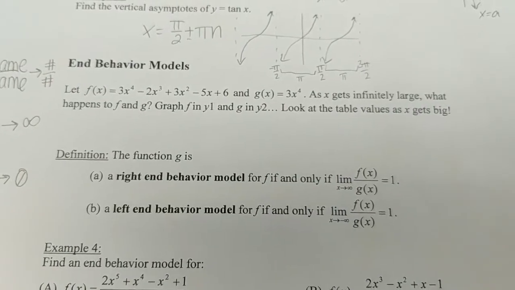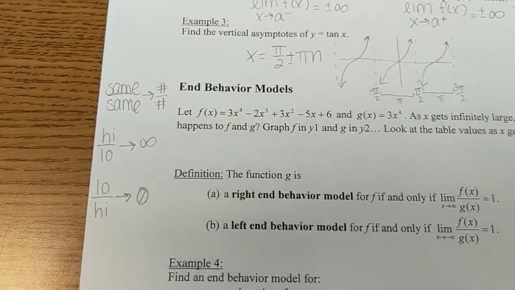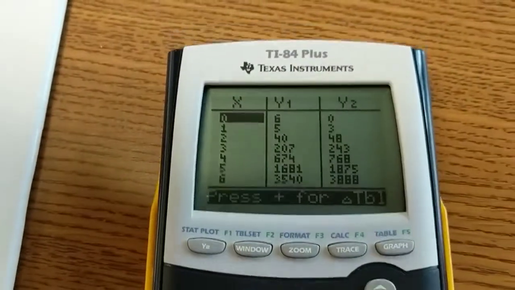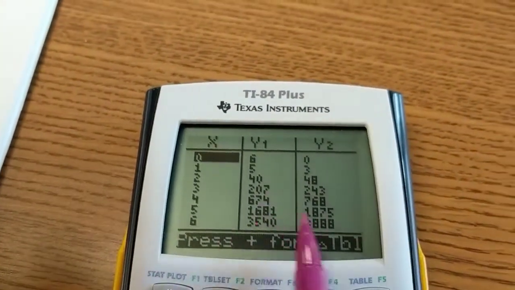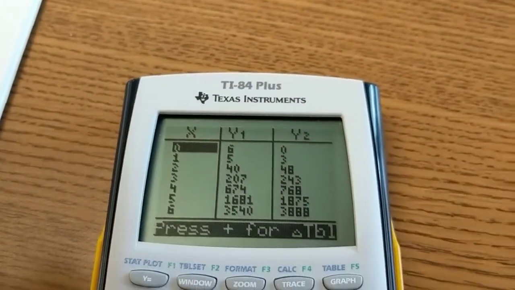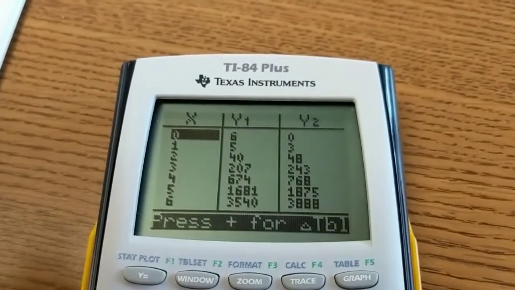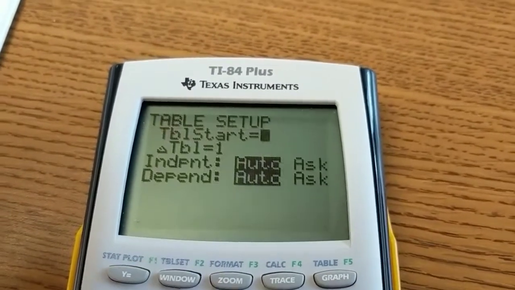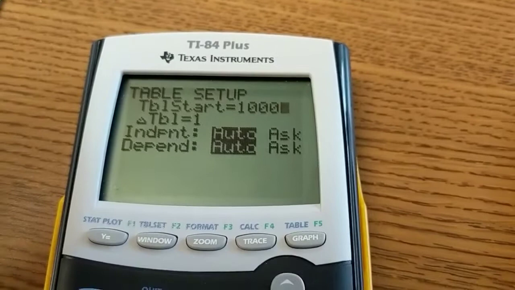And then when I look at my table, I'm looking at 0. And there's not much exciting happening. They're quite different around x equals 0, but they didn't ask me for x equals 0. They said as x gets infinitely large. So again, I'm going to use that table set function, and I'm going to start at something large. Let's do 1,000.